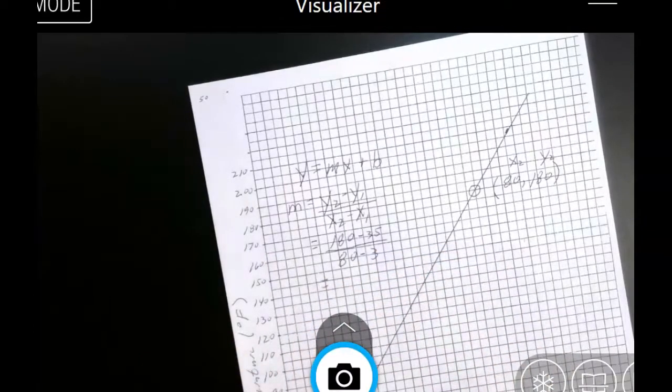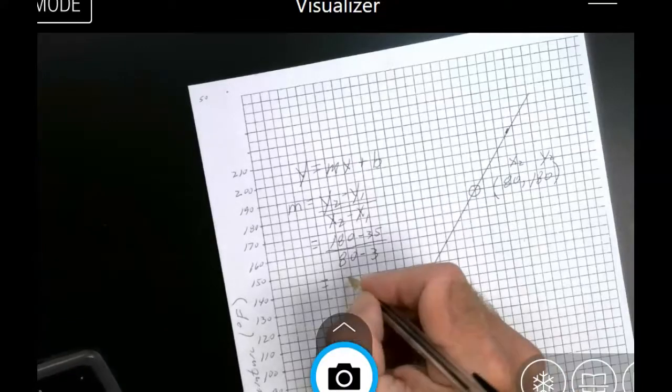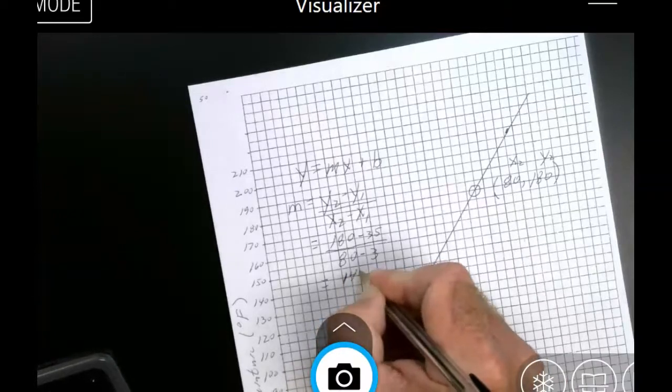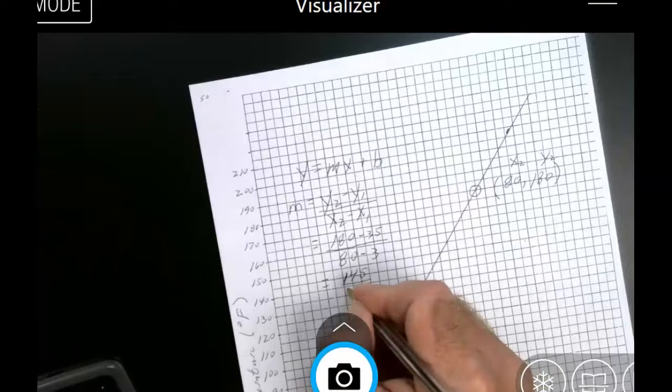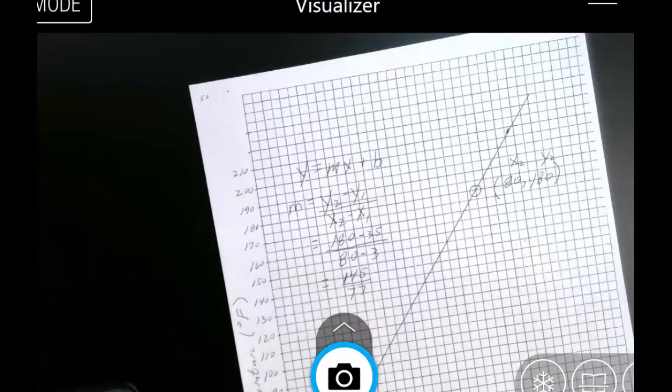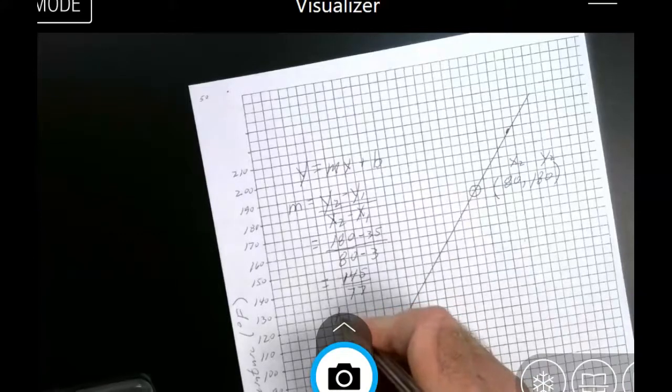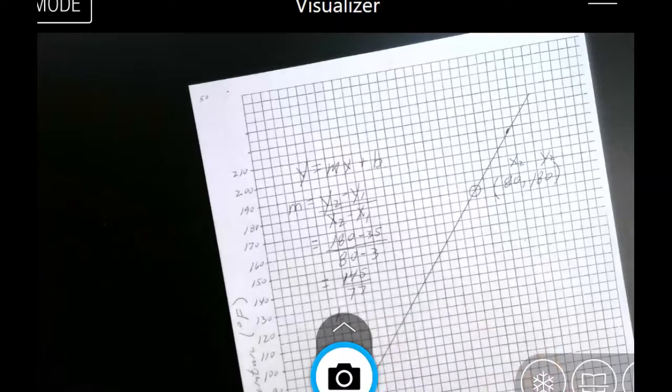So now I just need to do the arithmetic. 180 minus 35 is 145, and 80 minus 3 is 77, so 145 divided by 77 is 1.88.